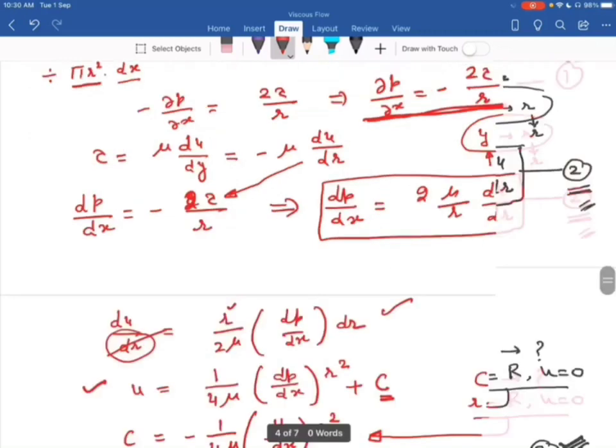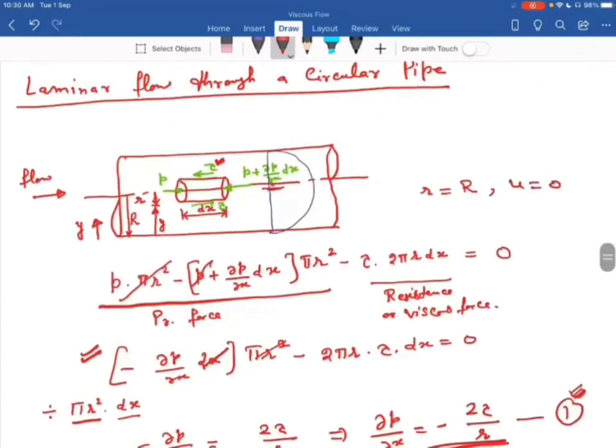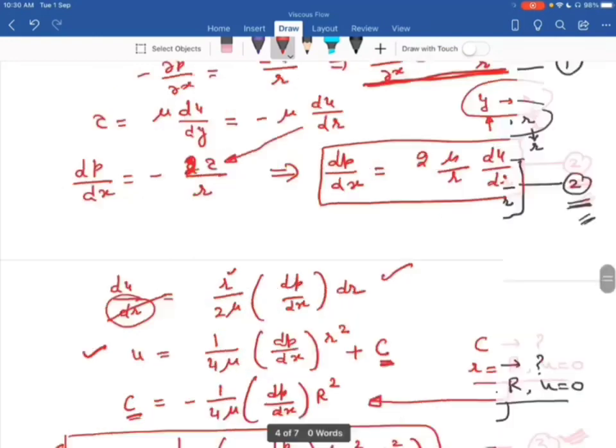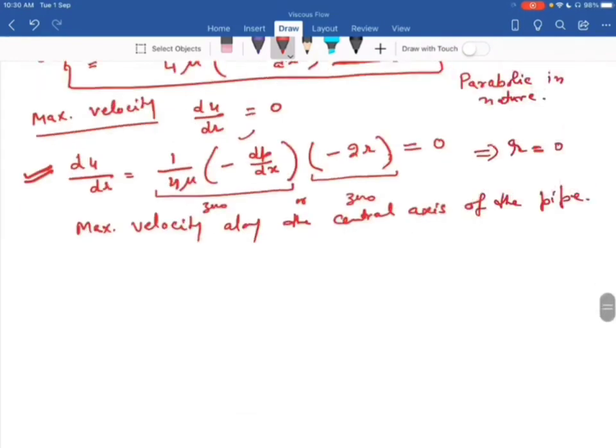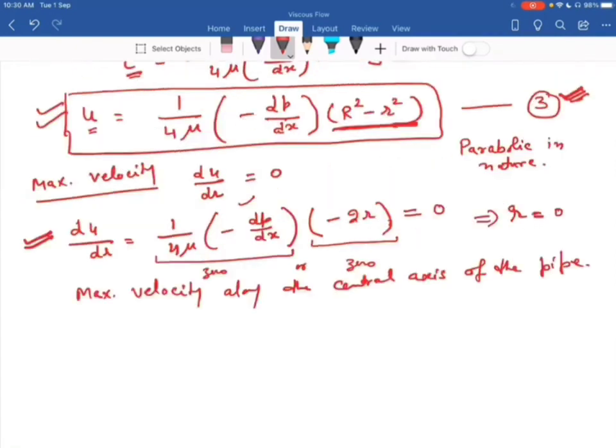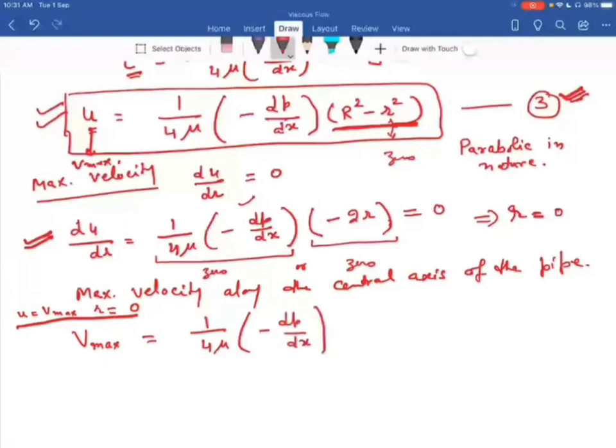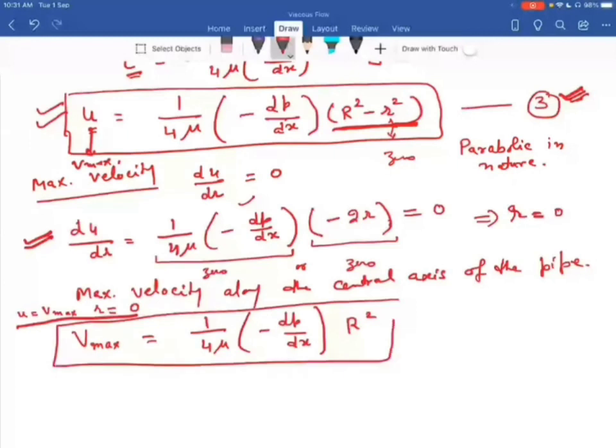So you have Vmax along the center. Now you can find out the formula for Vmax from equation number 3. u becomes equal to Vmax when r equal to 0: 1 upon 4 mu, minus dp by dx, into R square. This is equation number 4.